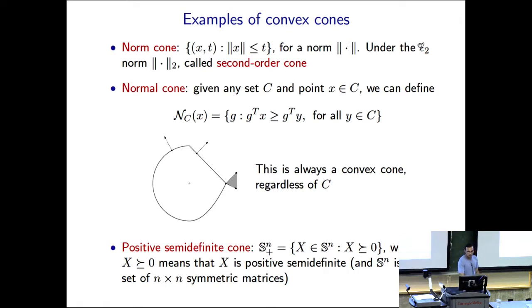And if we take the L2 norm, then we get something called the second order cone. I've actually also heard this called the ice cream cone, which is why I was slightly confused about the last example. This is supposed to be me drawing in 3 dimensions.